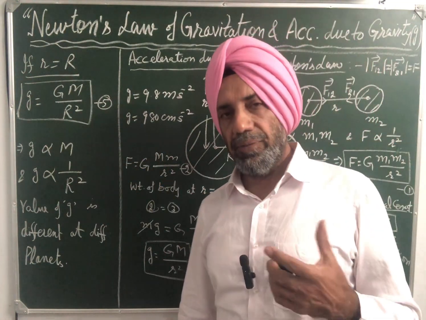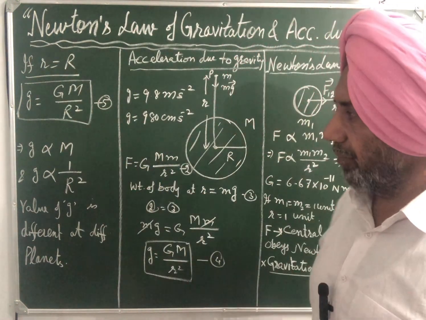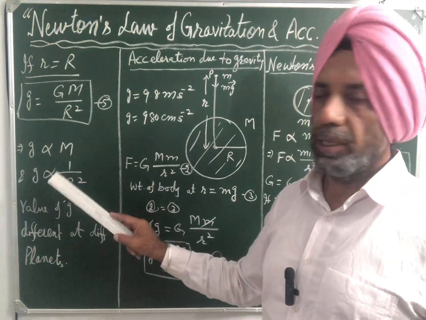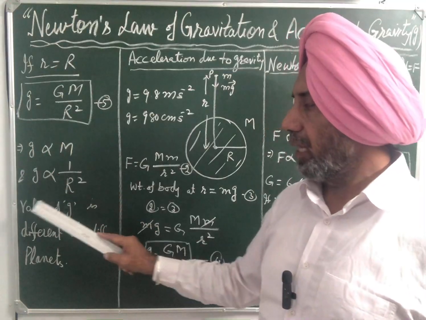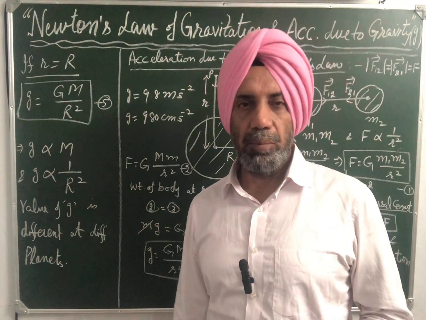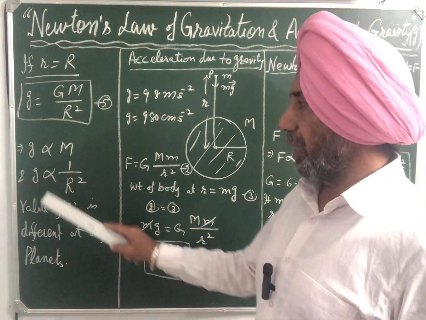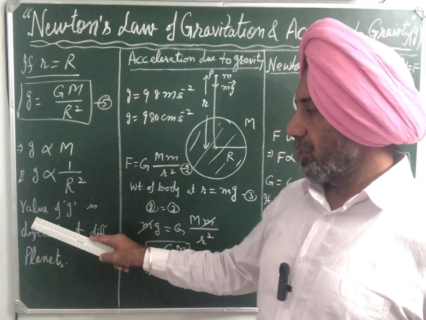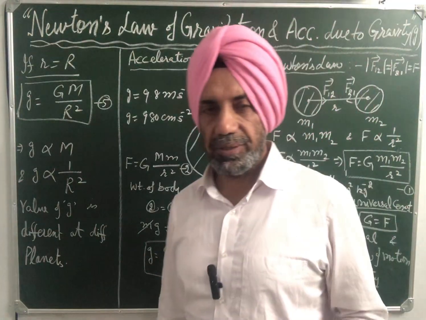That's why different planets will have different values of g. So g is directly proportional to the mass of the planet. The more the mass of the planet, the more the value of g, and it also obeys the inverse square law. The more the radius of the planet, the less the value of g. So for a given mass, the value of g is different at different planets.